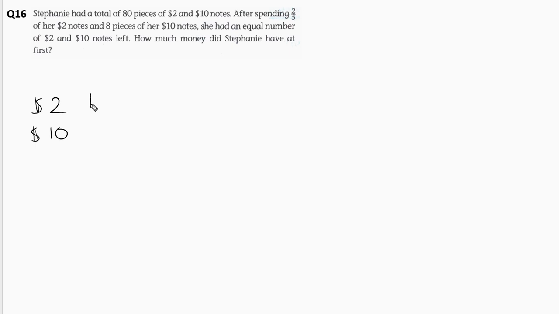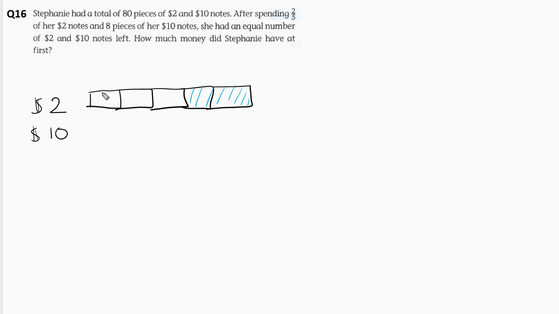So we've got 1, 2, 3, 4, and 5. And it says after spending 2 of those, and where 8 pieces of $10 notes were left, they had an equal amount left.